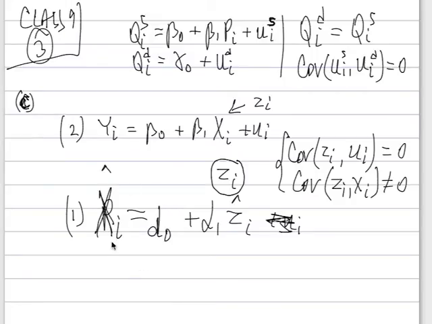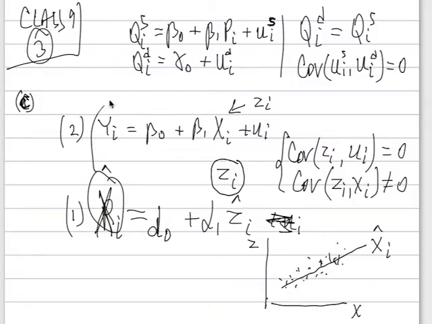When you run this regression, you have x here and z here, with all these observations, assuming a positive relationship between them. The fitted x hat i values are on this line. So take this and plug it into this x, and then you run the regression and get unbiased and consistent beta 1. That's the gist of the instrumental variable method in practice.